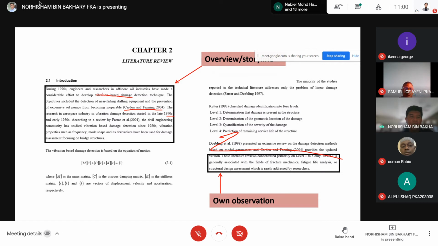You see, I start my introduction by telling you, the reader, what the history is. It started in the oil industry, followed by the aerospace industry, and then according to the review by Fara in 2001, the civil engineering community in our area started in the 1980s.